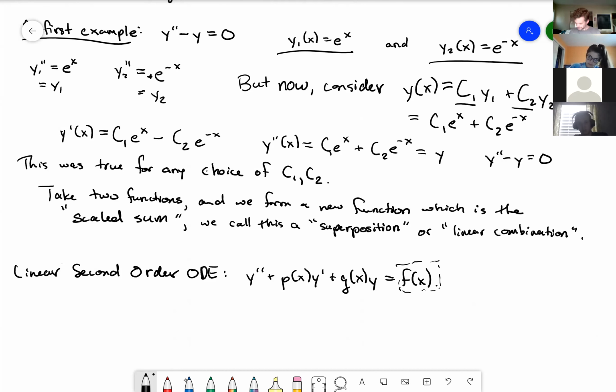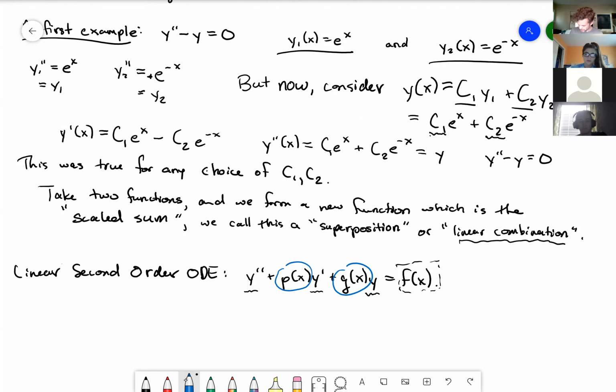And then we can think of this in a very similar way to the linear combination that we had here. In that case, we were thinking of two functions, and they were scaled by some constants and then added together. In this case, we're scaling each of these derivatives by some function p of x, q of x.